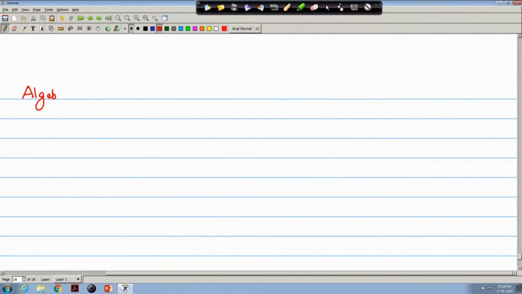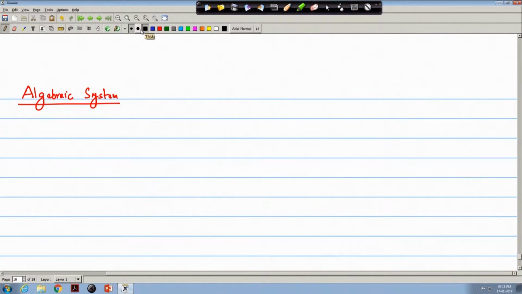So, again we will study the algebraic system, and mainly we will consider a subset of the set of the algebraic system, and then we will try to find some more properties.